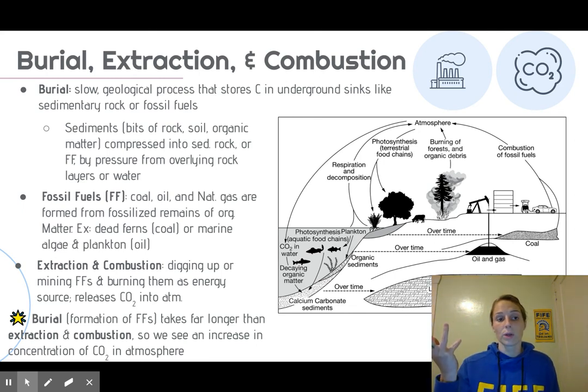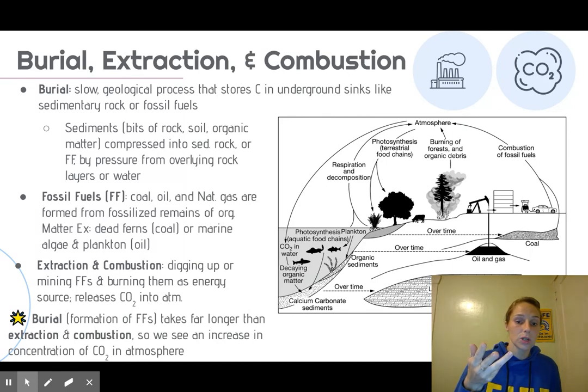And then you think of the really slow process to get it into the ocean, to get it into decaying matter, to get it into the sediment, to be buried, to become fossil fuels, that's going to take millions of years. And we are using up the fossil fuels at a much faster rate. So we're adding more carbon dioxide to the atmosphere than is being taken in.